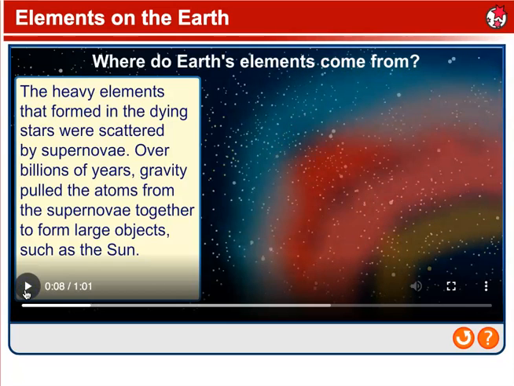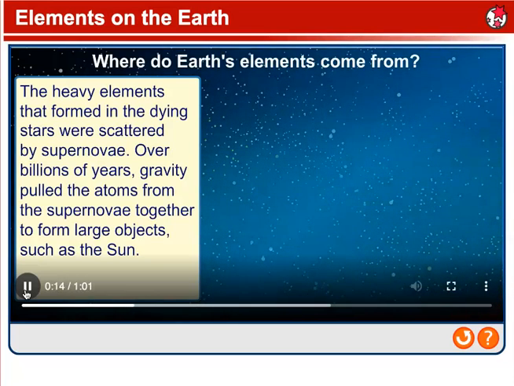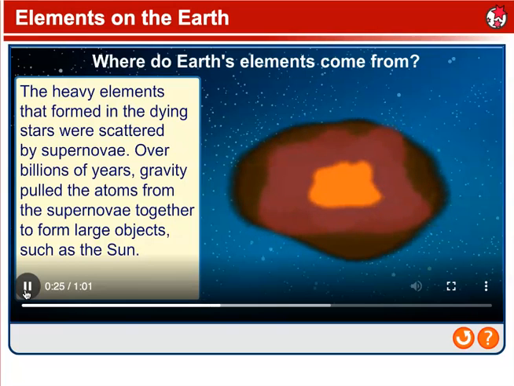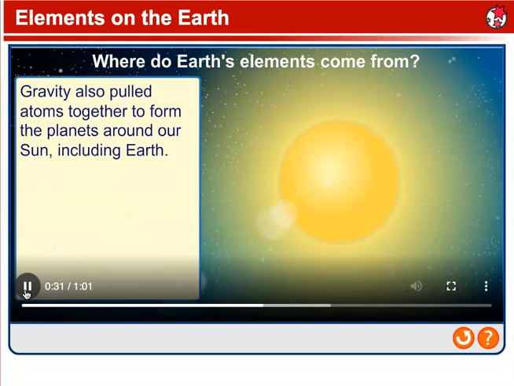The heavy elements that formed in the dying star were scattered by supernovae. Over billions of years, gravity pulled the atoms from the supernova together to form large objects such as the Sun. Gravity also pulled atoms together to form the planets around our Sun, including Earth.